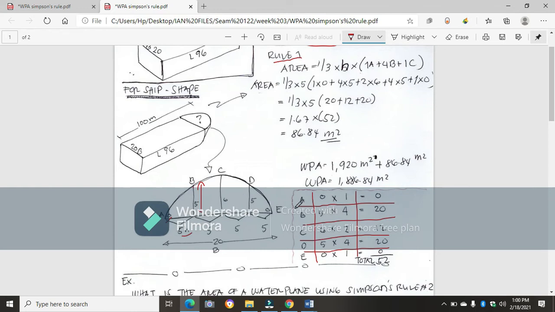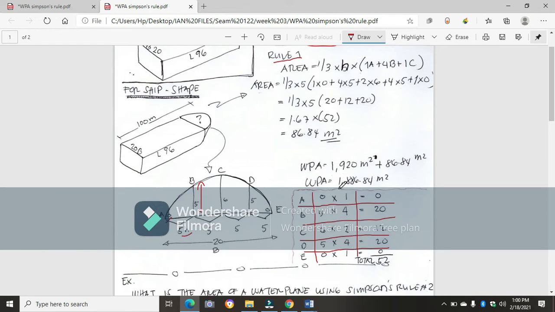Now we will go into the multipliers, as per Simpson's rule. In your quiz, this will be given. I will include this in the questions. In Simpson's rule 1, with 5 ordinates, the multipliers are 1, 4, 2, 4, 1.